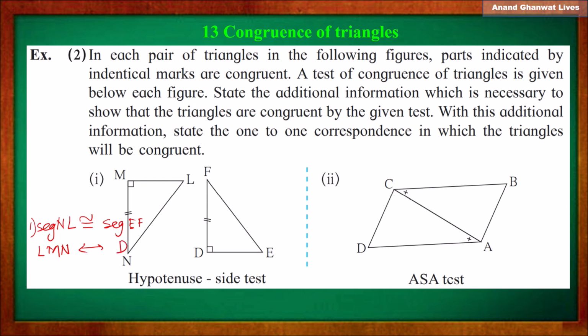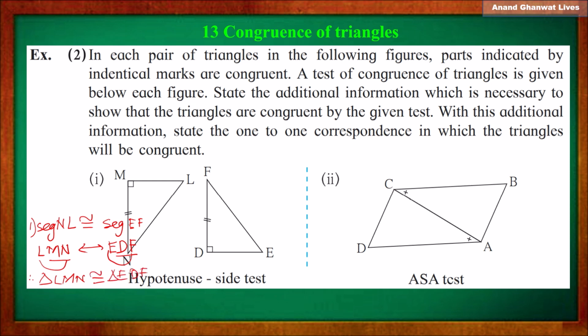Then segment MN is congruent with segment DF, so here is F. Segment NL is congruent to segment EF, so right here E. So LMN one-to-one corresponds with EDF. Therefore triangle LMN is congruent with triangle EDF.